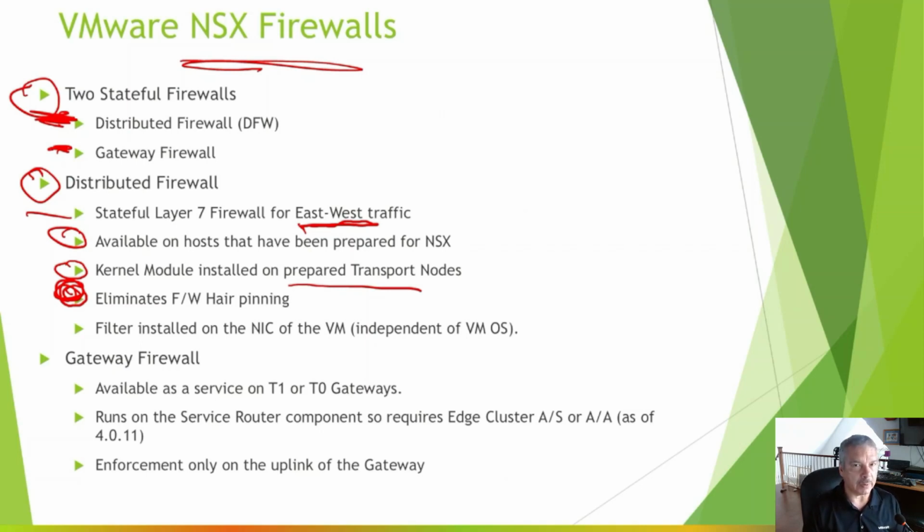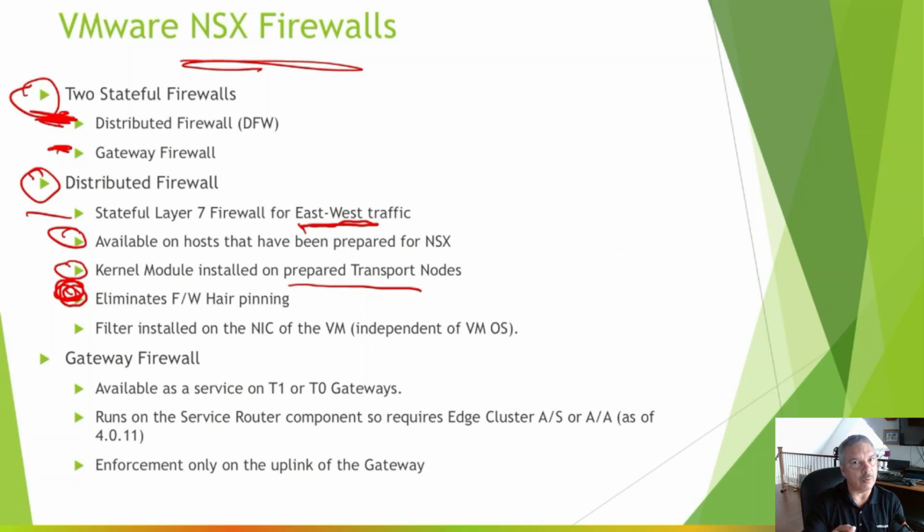A good example of this would be if I've got two VMs running on the exact same ESXi host, and you want to create a firewall rule so VM1 can't talk to VM2. Well, VM1 wants to talk to VM2. It's got to go out into your core environment, hit your firewall, and then at that point it says you're not allowed to do that, and gets dropped.